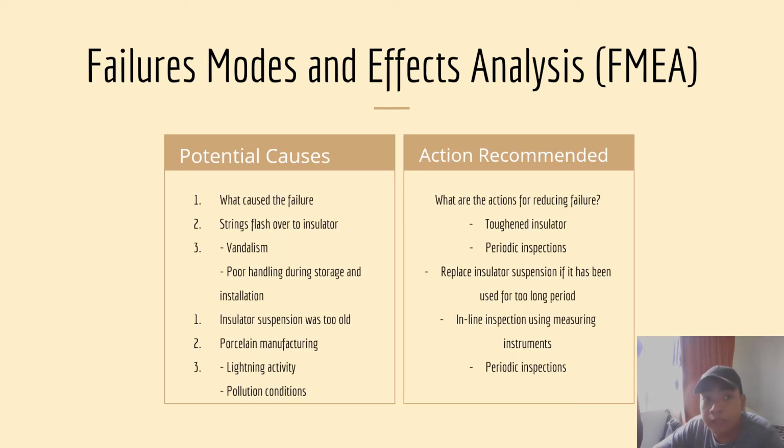Okay, for the next, the potential cause and the action recommended. The first one is what caused the failure, and what actions are needed. For string flashover to the insulator, the action is to periodically toughen the insulator, which is 2. Vandalism and poor handling during storage and installation are the potential causes. The recommended action is to replace the insulator if it has been used for so long, probably because the insulator is too old.